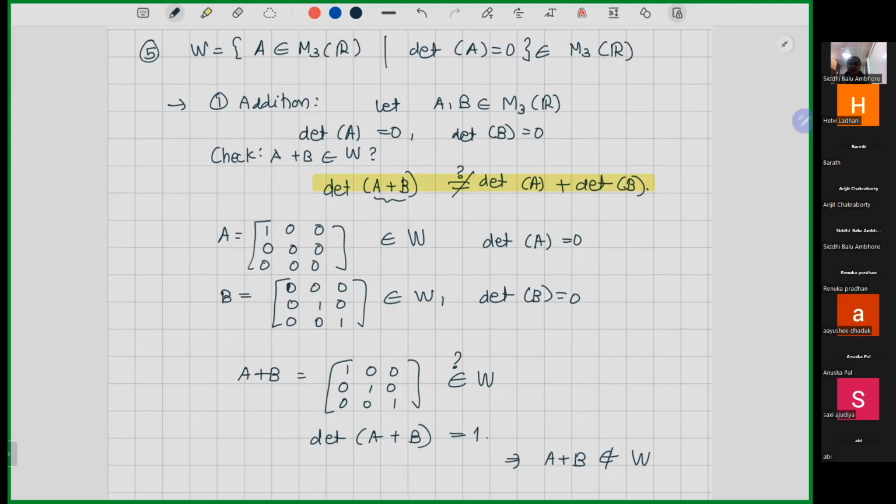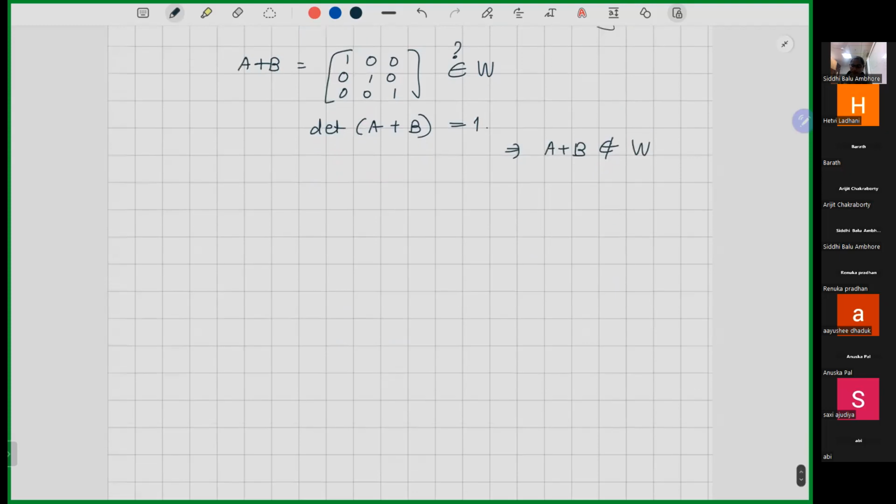So this set, determinant of A equal to 0, is not a vector subspace. This is a very simple example because in this case A plus B becomes the multiplicative identity of M3R, and it is not a vector subspace in M3R.